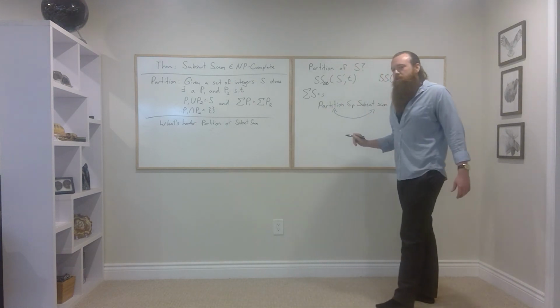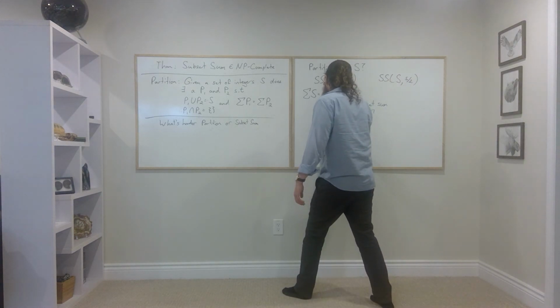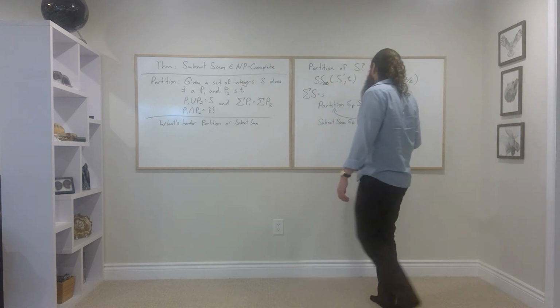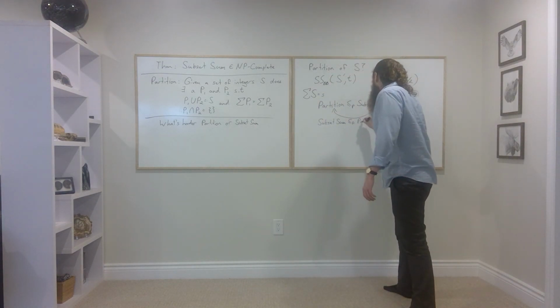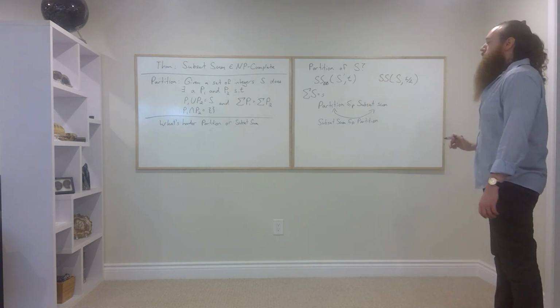To show that partition is NP complete, I need to show that subset sum reduces to partition. That seems a lot trickier.